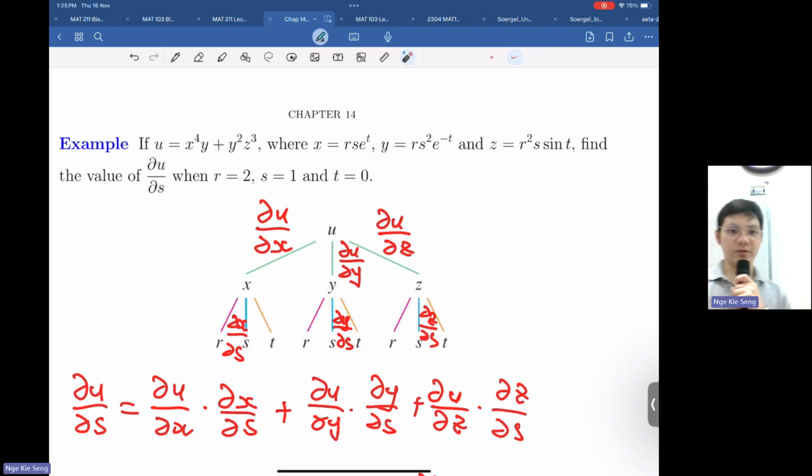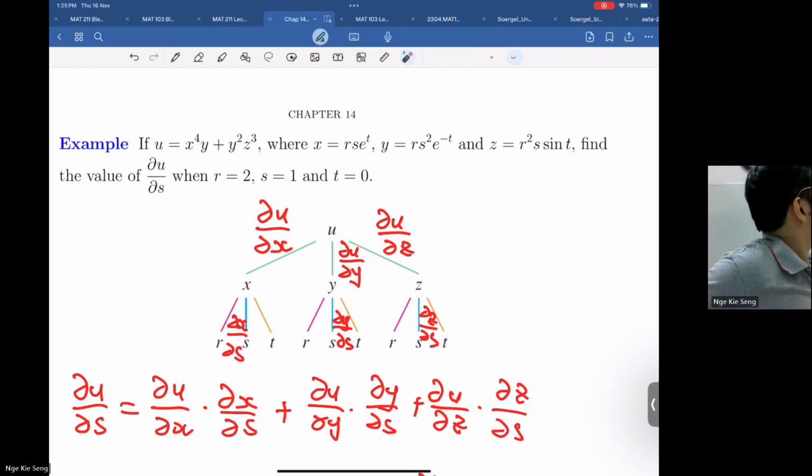Okay, so let me show you something. I did some computation here. Actually, we got the same equation here. So is it obvious why they are the same? Del x over del t.